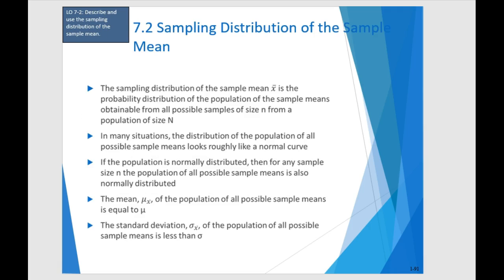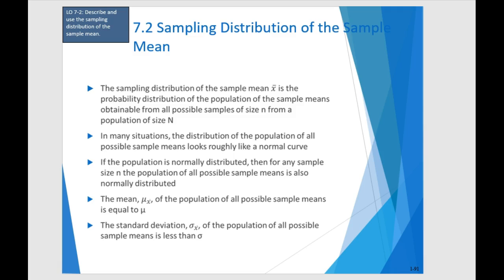7.2, sampling distribution of the sample mean. The sampling distribution of the sample mean x bar is the probability distribution of the population of the sample means obtainable from all possible samples of size n from a population of size N. I'm going to go ahead and read this whole slide, and then I'll explain what it means in layman's terms. In many situations, the distribution of the population of all possible sample means looks roughly like a normal curve.